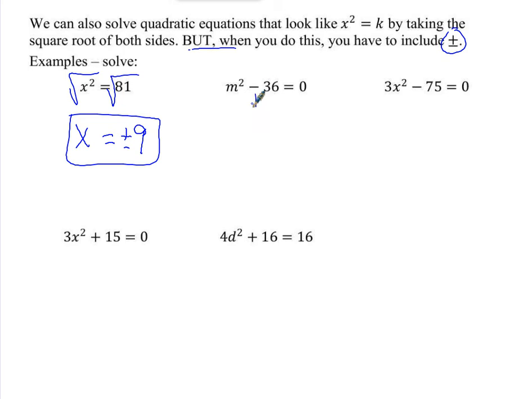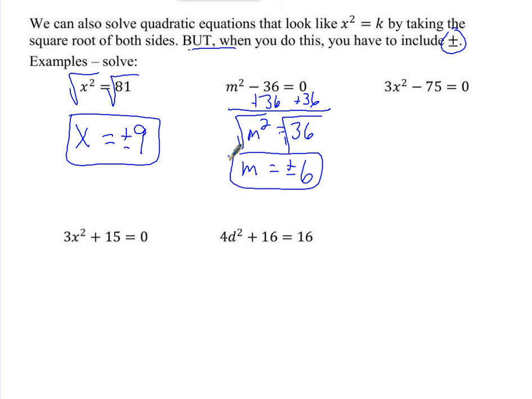Yeah, add the 36 to both sides to get the variable by itself, and that gives me m squared equals positive 36. Now we can square root both sides. What do I get on the left side? Just m equals, yeah, the number that times itself gives you 36. The number we need there is 6, but we need to say plus or minus on it. So there's your answer. One extra step that time, but it's not that big of a deal to do.